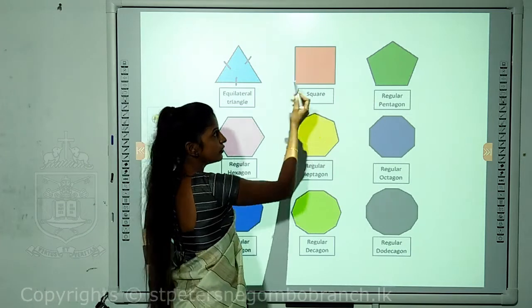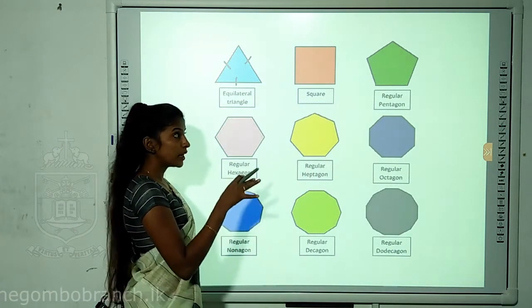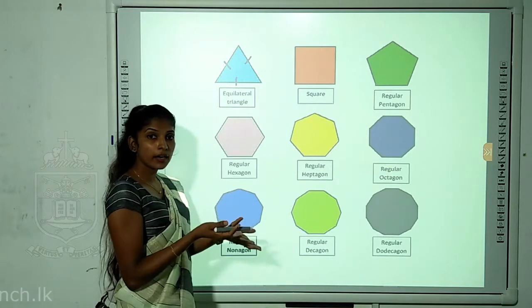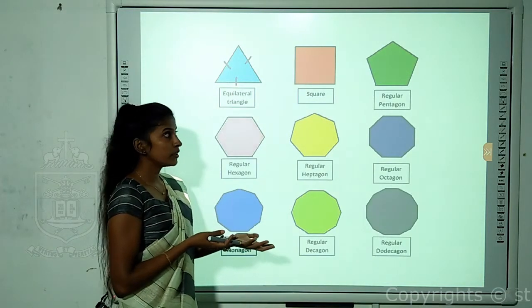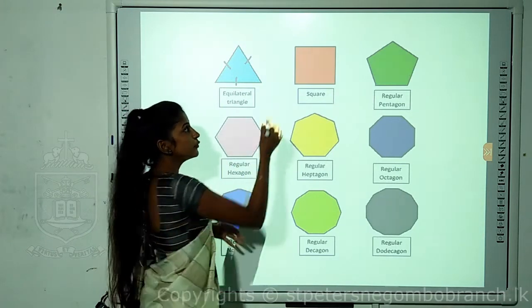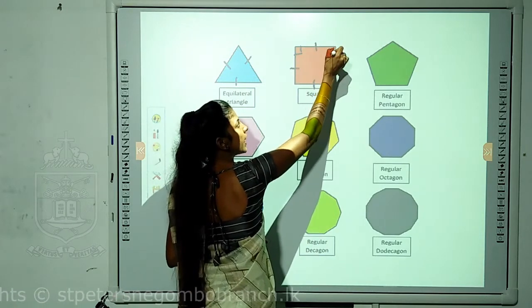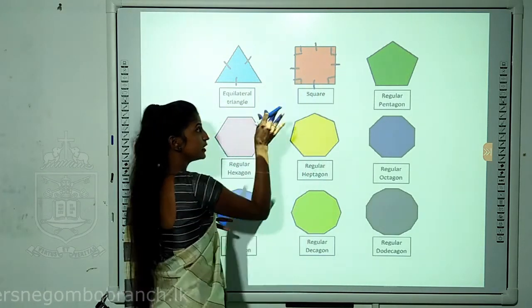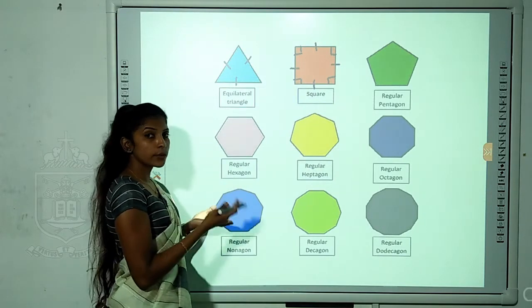So this is a quadrilateral actually. Quadrilateral means a polygon having four sides. But you know, square, rectangle, rhombus all have four sides, so we give the common name quadrilateral. But if all the four sides are equal and all the four interior angles are equal, then we give the special name, that is a square.